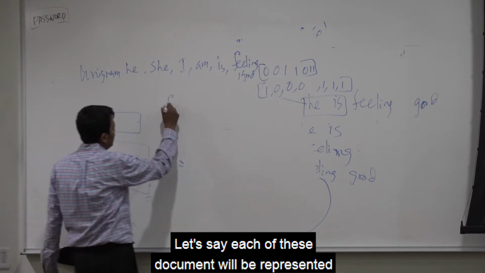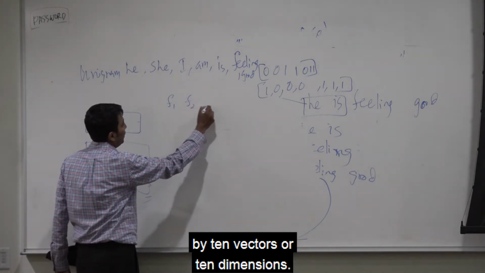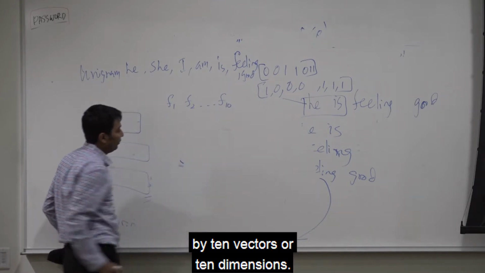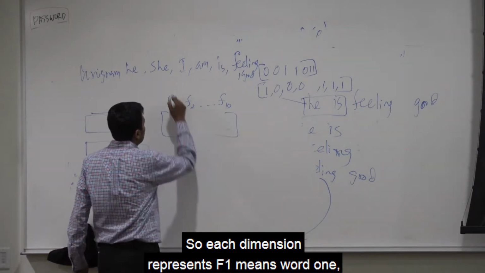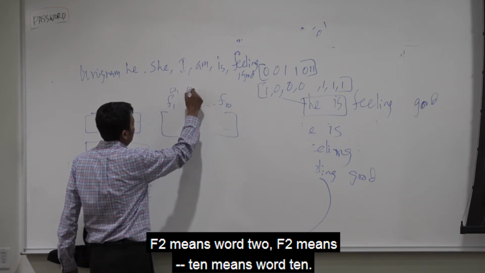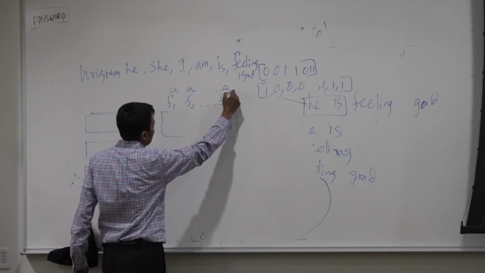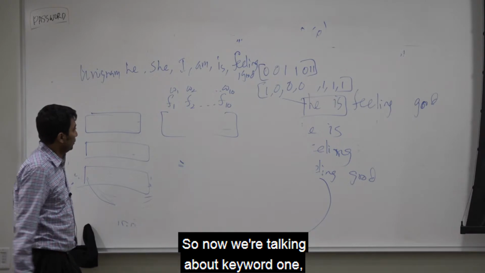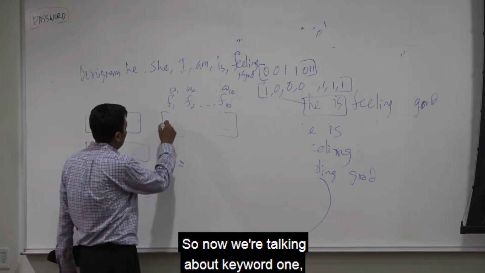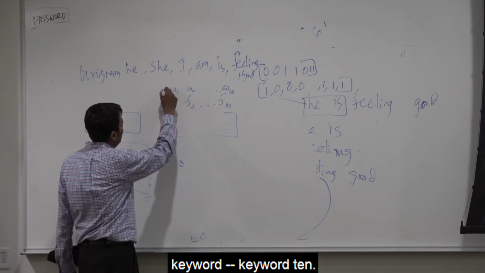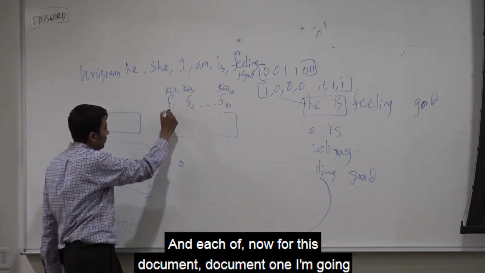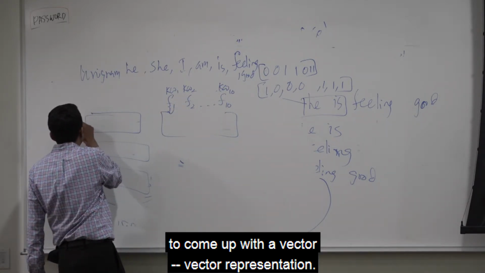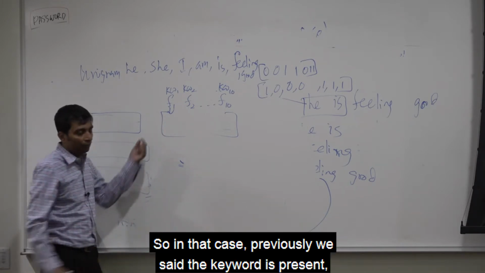Let us say each of these documents will be represented by 10 vectors or 10 dimensions. Each dimension represents F1 meaning word 1, F2 meaning word 2, F10 meaning word 10. So now we are talking about keyword 1 to keyword 10, and for this document 1, I am going to come up with a vector representation.